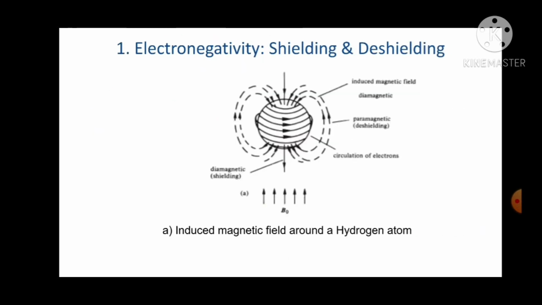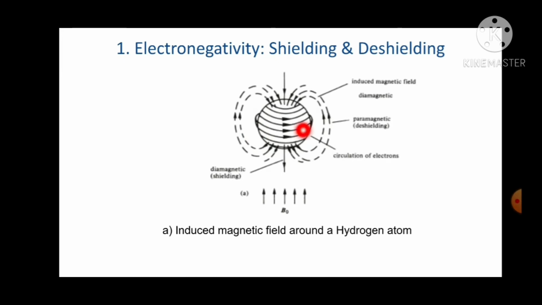This figure also indicates the effect of shielding and deshielding. Here we can see the nucleus of the proton. These horizontal lines indicate the spin movement of this nucleus, and because of the spin and the charge, it is generating its induced magnetic field, and the electron cloud surrounding it will also have an induced magnetic field.